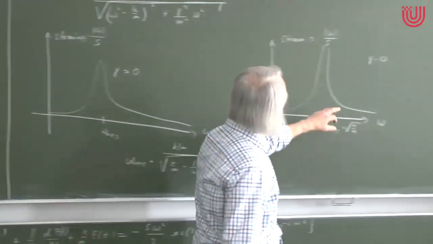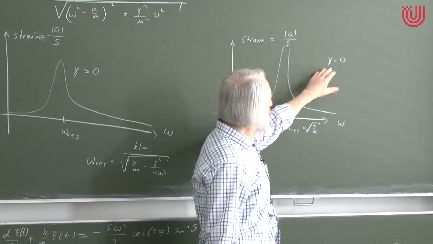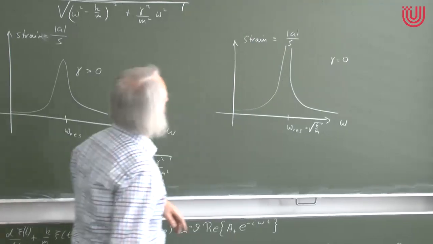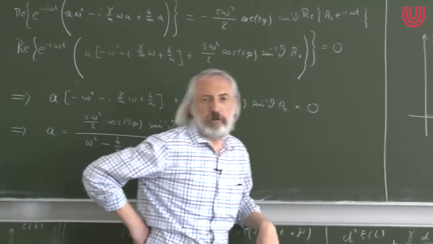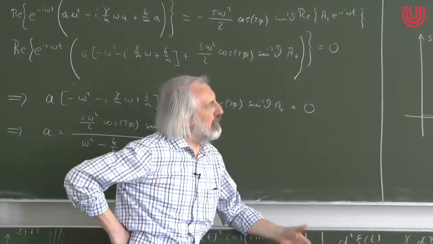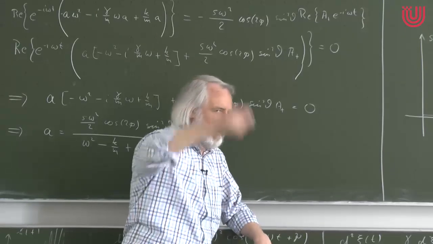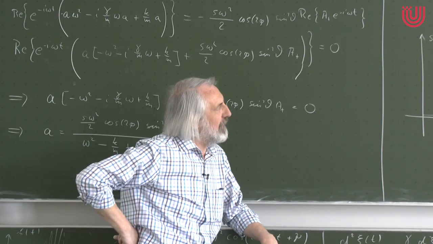If the damping is, well, we never reach gamma equal to 0, but we could assume a fairly small damping, then the amplitude could become very big. And actually this looks quite good, right? We could detect gravitational waves with this simple system. It would have oscillations with a high amplitude.